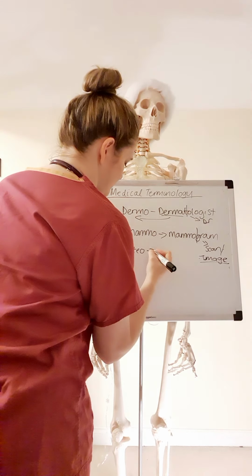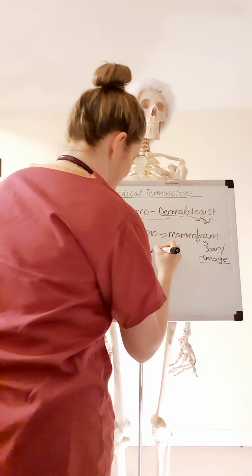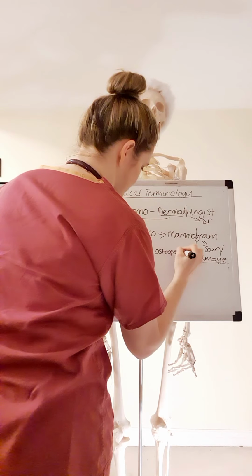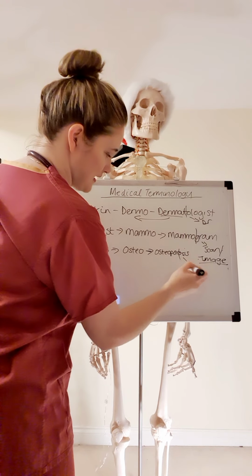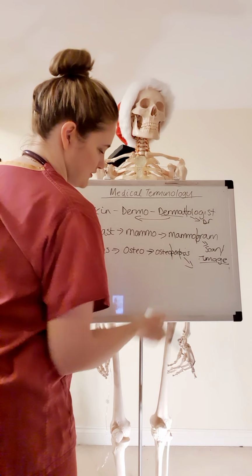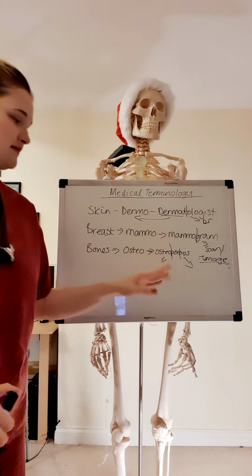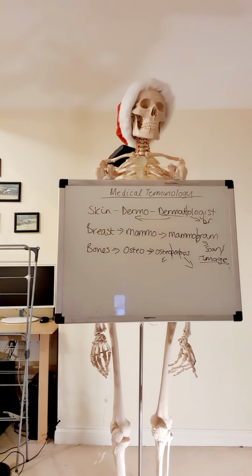But good to know that they're still used in medical terminology anyway. So osteo. So even if you look at this, we've got osis, which is abnormal condition, and we've got osteo, which we know is bone. So we know that at some point it's going to be an abnormal condition of your bones.